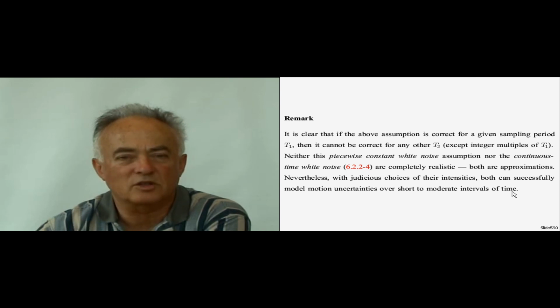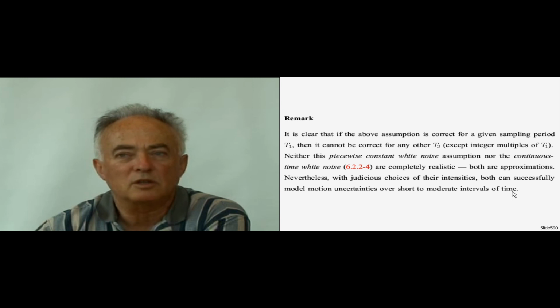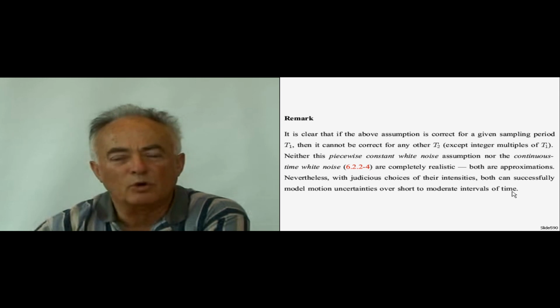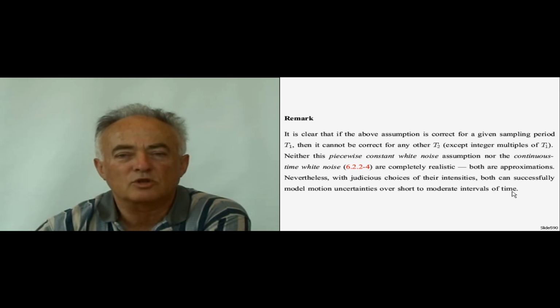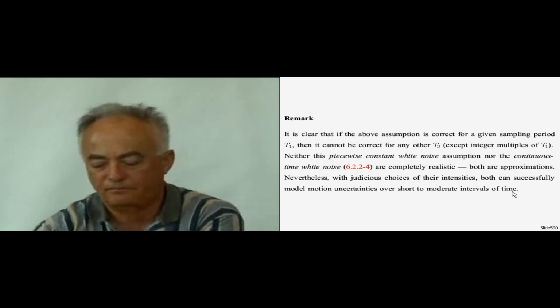They are never exactly valid, that's clear. So this is why it is important to understand the underlying assumptions, their connection with the physical reality, and then judiciously select both the intervals over which such assumptions will be assumed to hold, as well as the statistical characterizations of these uncertainties, the noise variances.